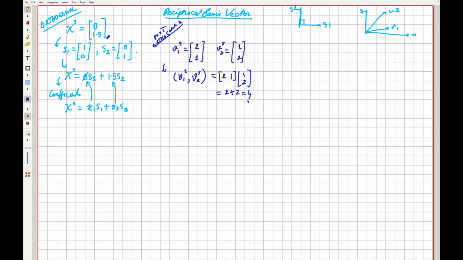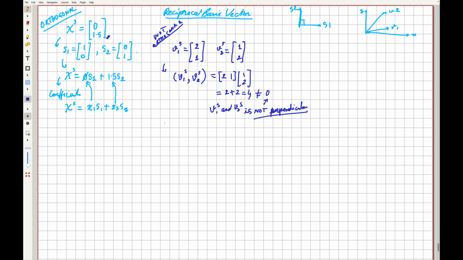So this obviously is not equal to 0, which is telling us that v1 of s and v2 of s are not perpendicular, they are not orthogonal.